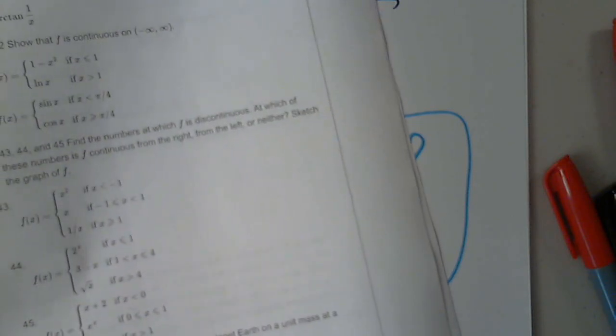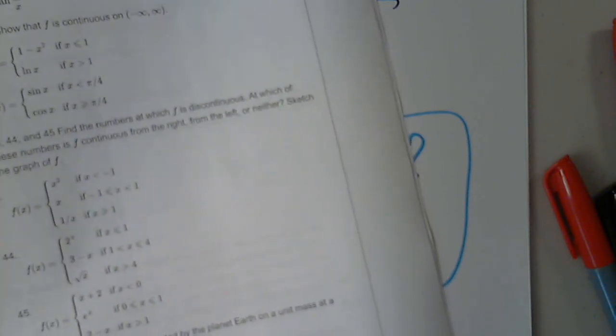This is the third one. I hope we don't have to do this too many times, and show whether it's continuous or not, or continuous from the left, or continuous from the right, or not at all. So which problem would you like to work on?